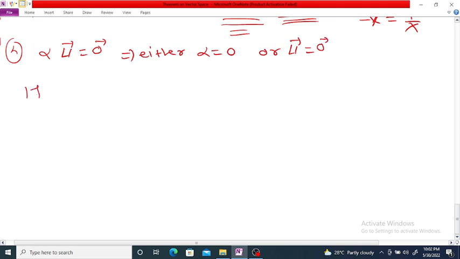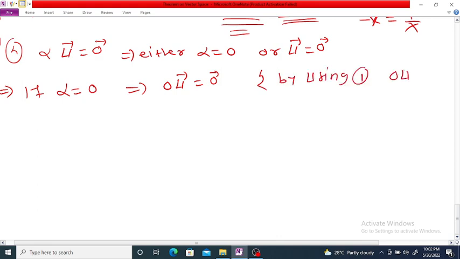Now proof: if alpha equal to 0, then 0 into u bar is equal to 0 bar, since 0 into u bar is 0 bar by using property 1.